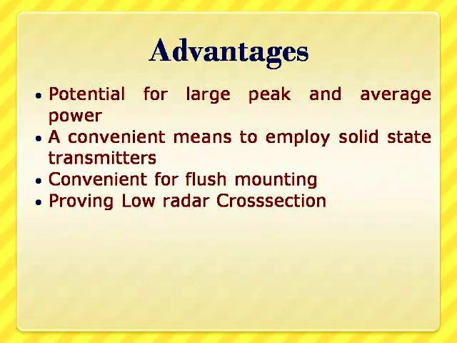As we are going to use a large number of antenna elements, the amount of power we can radiate using all of them is also very high. So there is a good chance for transmitting high peak power and also average power, and a convenient means to employ solid state transmitters.